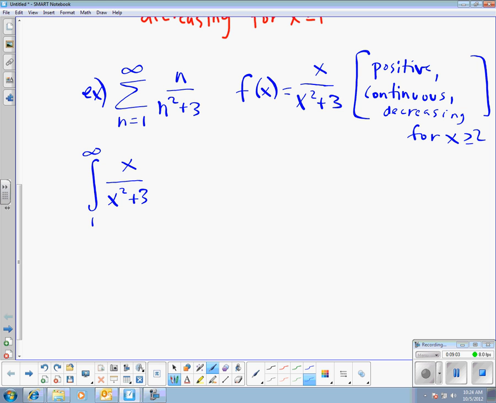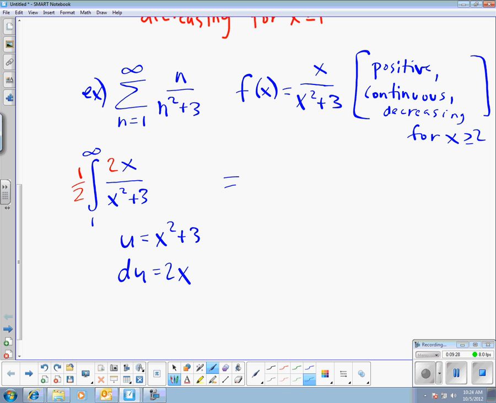All right, so how do we integrate x over x squared plus 3? The integral of x over x squared plus 3 is going to be, let's let u be the bottom, then du will be 2x. I almost have that. I need a 2 and a 1/2 to compensate for it.